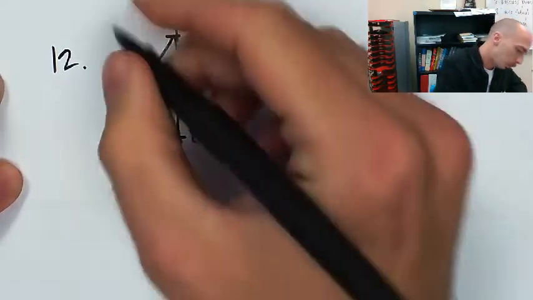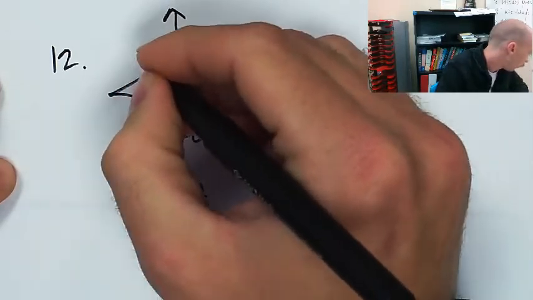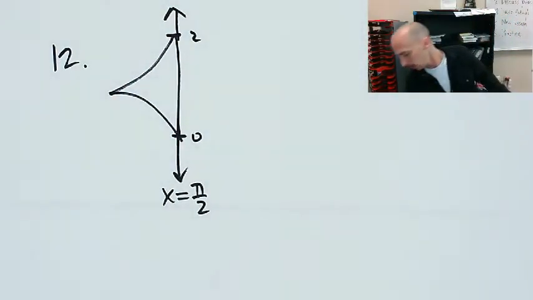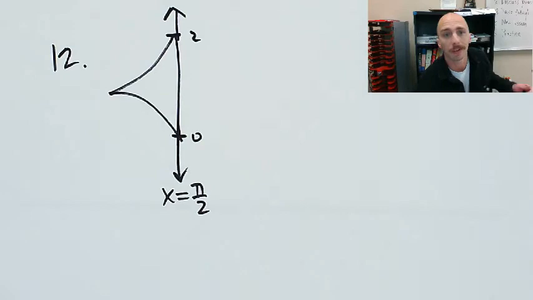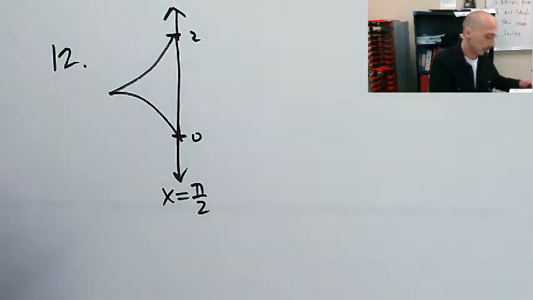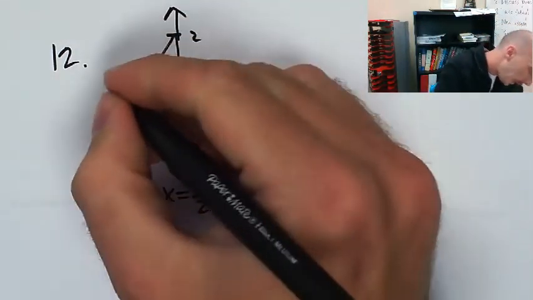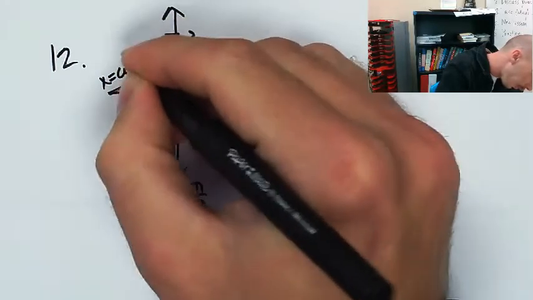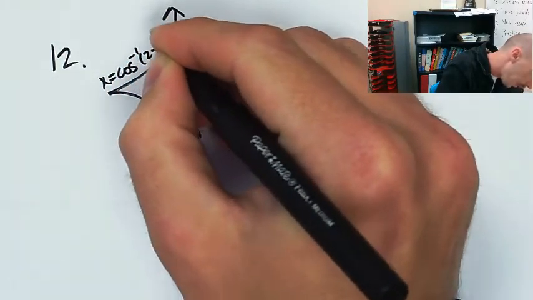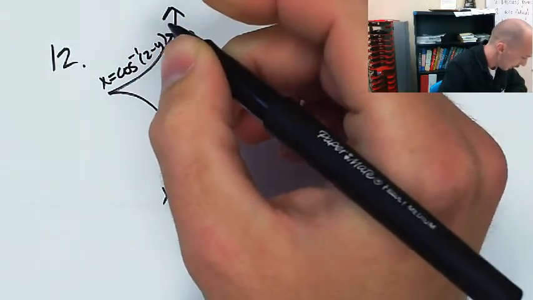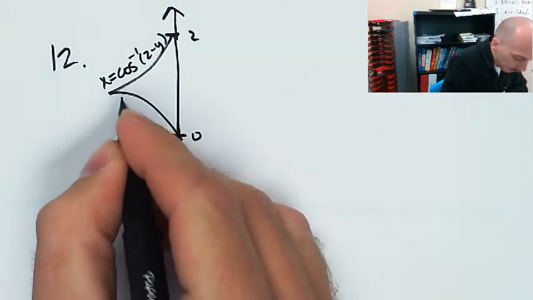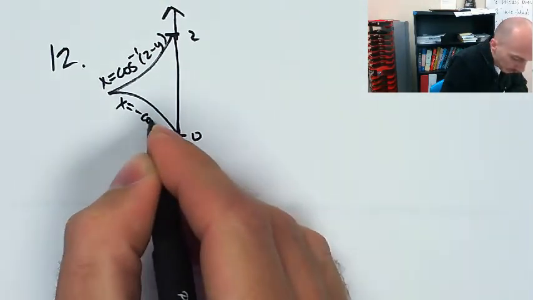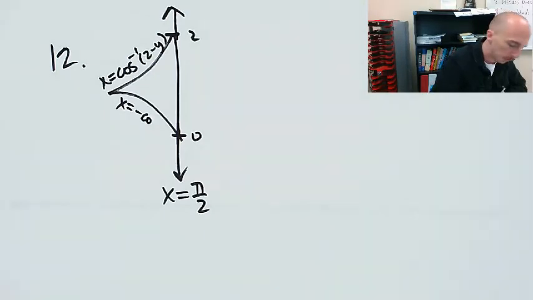This is going to be y equals 2 minus cosine x, but knowing that I'm going to be rotating on a vertical axis, I'm going to need x as a function of y, so I'm going to copy that again. x equals inverse cosine of 2 minus y, and over here, x is just going to equal inverse cosine of y, which is not negative cosine.